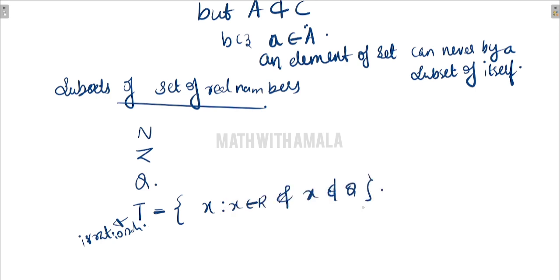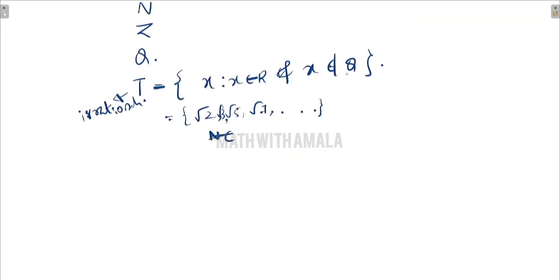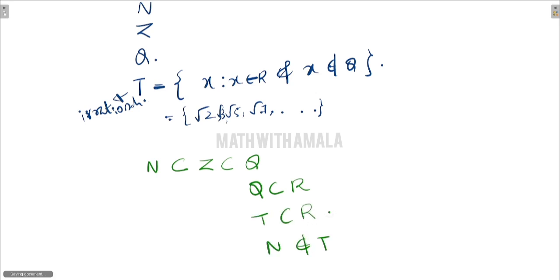Okay. Next one, subsets of the set of real numbers. Let us consider the real numbers, which include natural numbers, integers, rationals and irrationals. I have given the irrationals as T, that is the set of all x belongs to R and x does not belong to Q. Actually they are in R but not in Q. Hence they are the irrationals, which include root 2, root 3, root 5, etc. Hence we can give here the subset symbol.